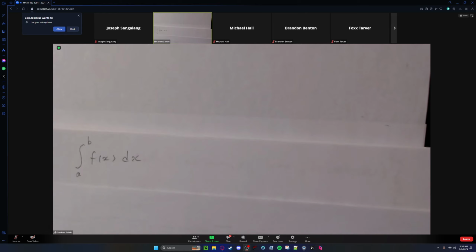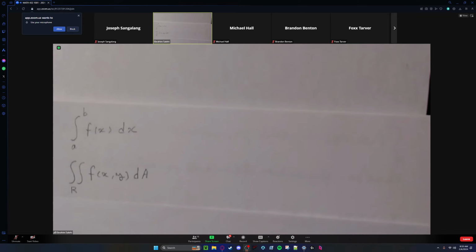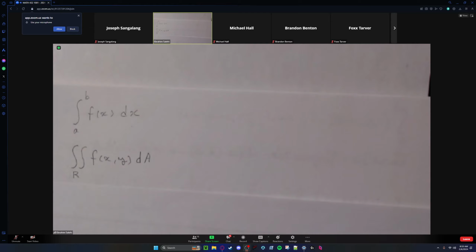In Calculus 2, we had the double integration. And this is double integration of a function of two variables. Remember, a function of two variables, geometrically, z equal f of x y represents a surface.